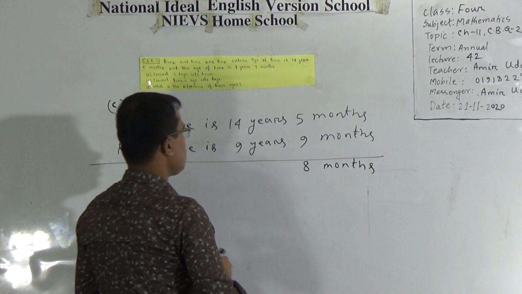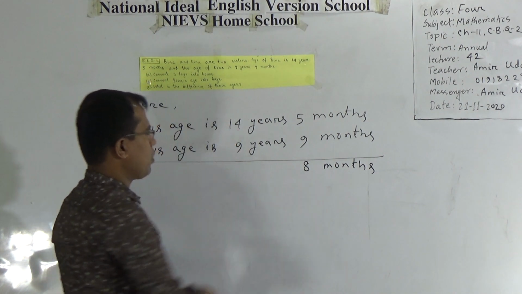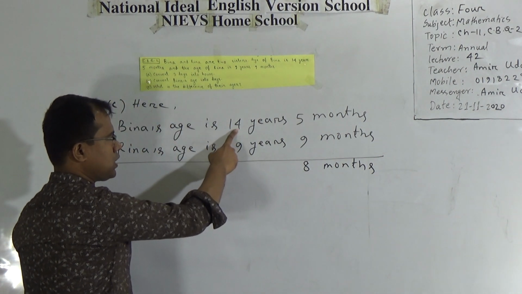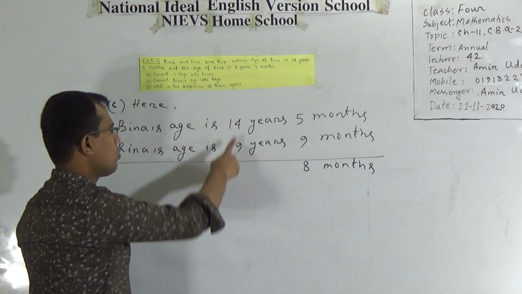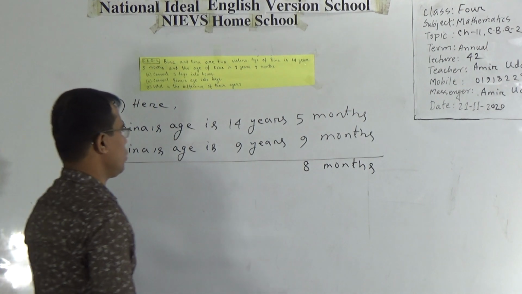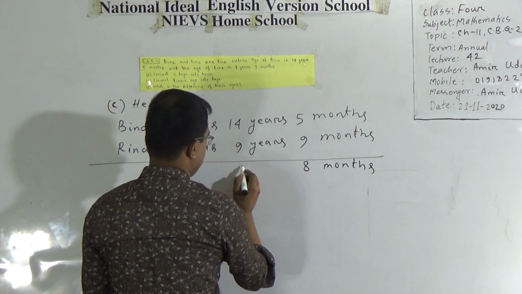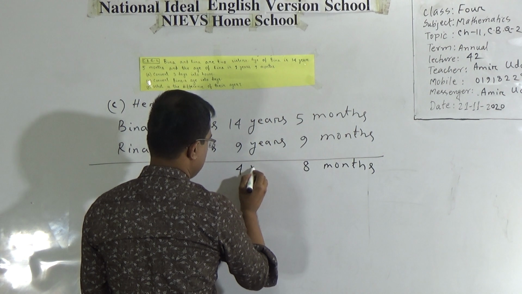Now since we have already taken 1 year from this part, so now we have to consider it is 13, not 14. Now 13 minus 9, this is equal to 4. 13 minus 9 is equal to 4 years.